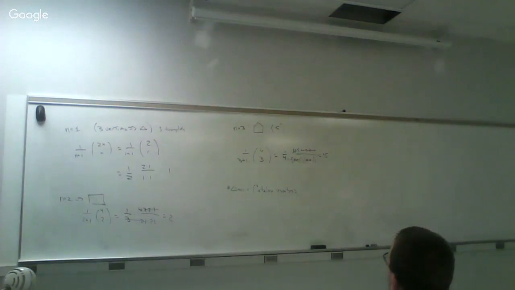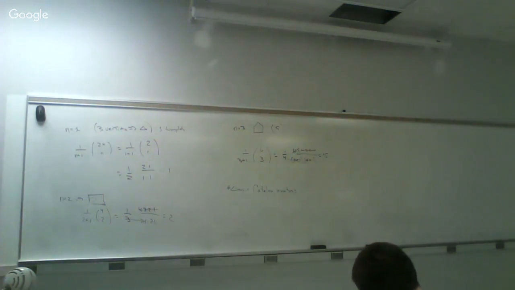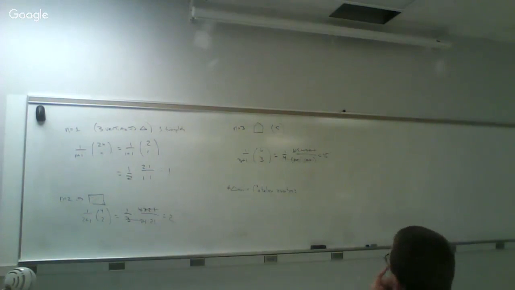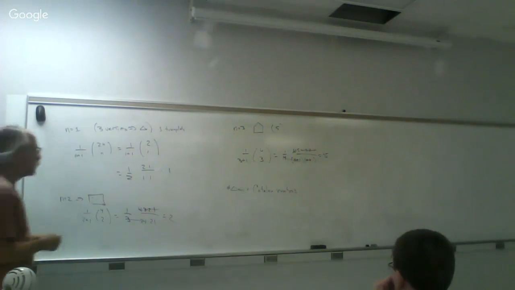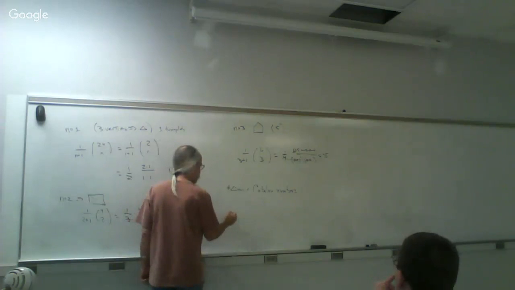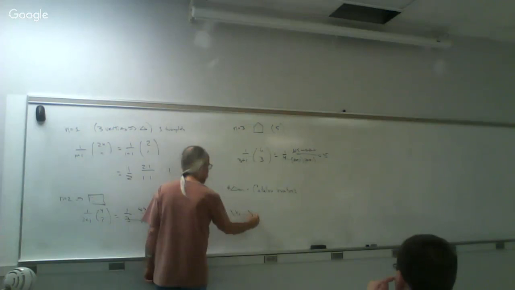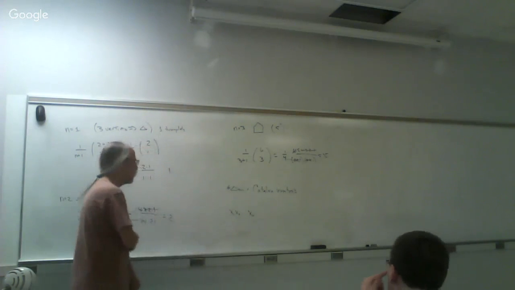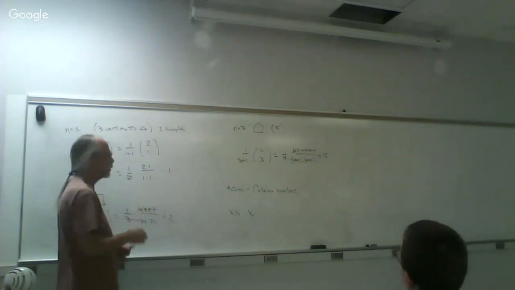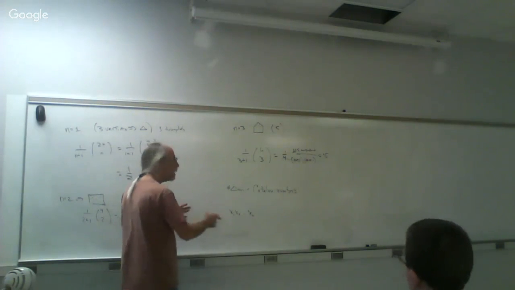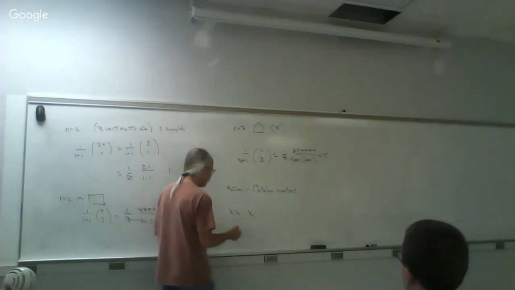The Catalan numbers are the results when you count lots of other things in addition to the ways that you can triangulate convex polygons. Suppose I wanted to multiply together x1, x2 up through xn, and I thought about parenthesizing the ways that I can actually perform this multiplication.